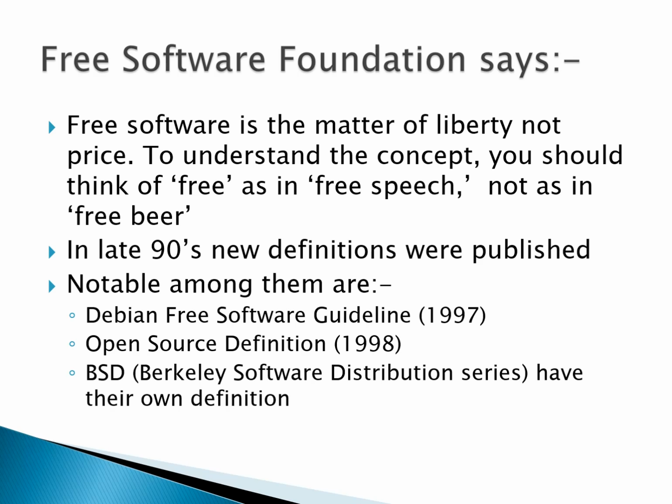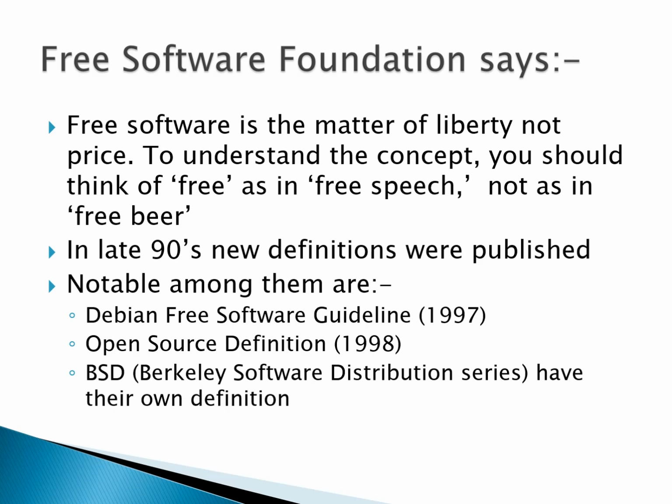The Free Software Foundation says free software is a matter of liberty, not price. There is a freedom involved in it. To understand the concept, you should think of free as in free speech, not as in free beer. So here there is complete liberty and freedom given to its users for making modifications as and when they wish. And in the late 90s, there were new definitions published for the free software movement.